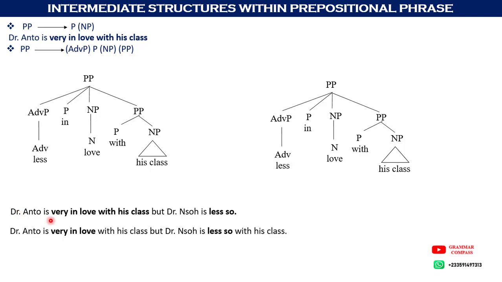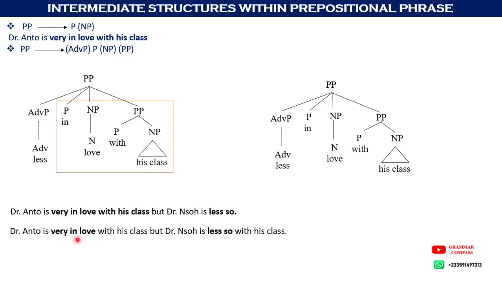Dr. Anto is very in love with his class, but Dr. Nso is less so. So the "less so" here targets "in love with his class." But do we have that intermediate structure over here? No, we don't have it. So this means that this structure is a flat structure. We didn't account for the intermediate level.